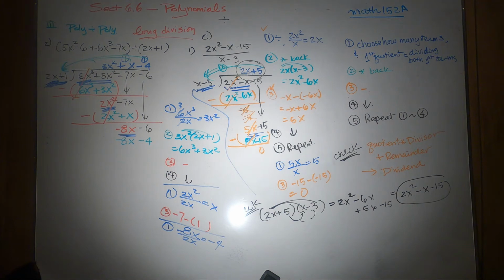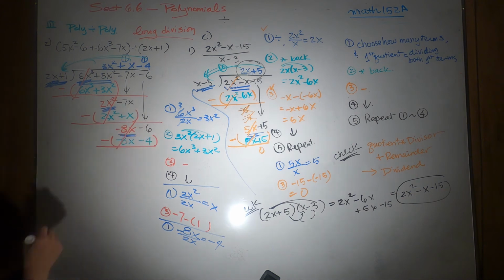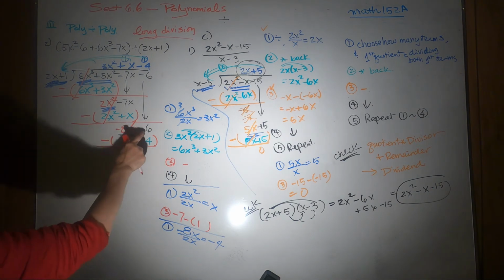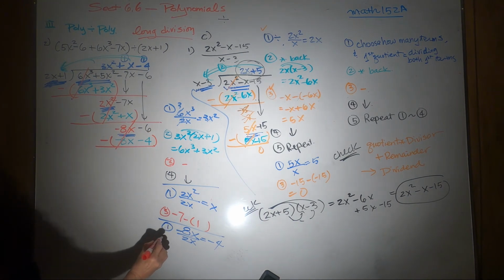And you will subtract them. First term always goes away. Then what is negative 6 minus negative 4?